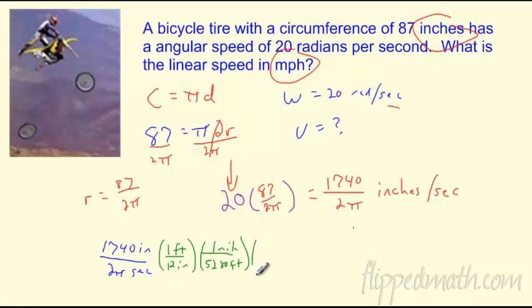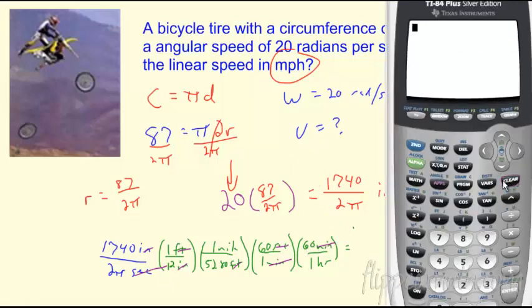So let's change the seconds. It was on the bottom, so I need to say, hey, 60 seconds is 1 minute. And then I got to change my minutes into hours. So that would be 1 hour. So hopefully if I did everything right, it's all going to cancel out. So I got inches cancel inches, feet cancel feet. Miles is what I'm looking for. Seconds cancel seconds. Minutes cancel minutes. I am in miles per hour.